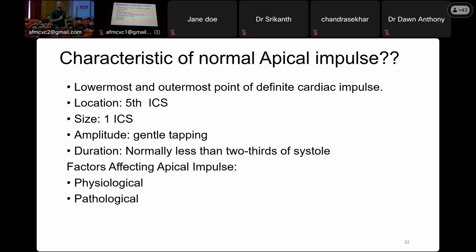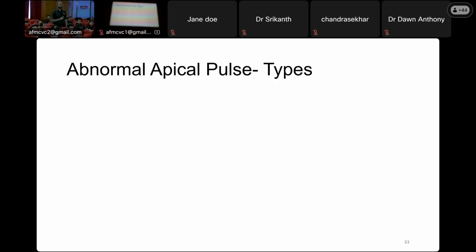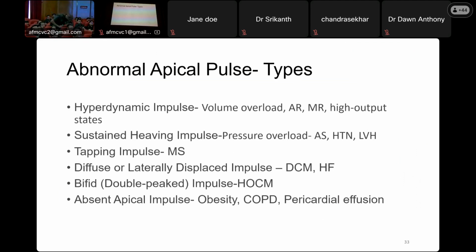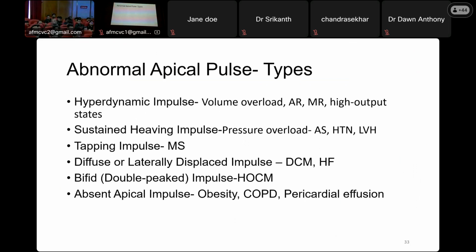So when we get an abnormal apical impulse, what are the types of abnormal apical impulse? Any abnormal apical impulse, as we had in this case, triple ripple.